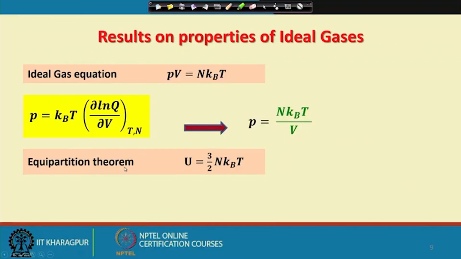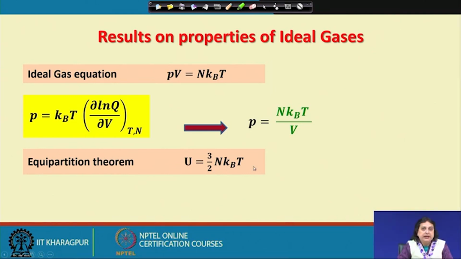The equipartition theorem tells you that the internal energy of the system is 3/2 nkT at a given temperature T, or in other words, as proposed by Joule's law, the internal energy of an ideal gas is a function of temperature and temperature only.